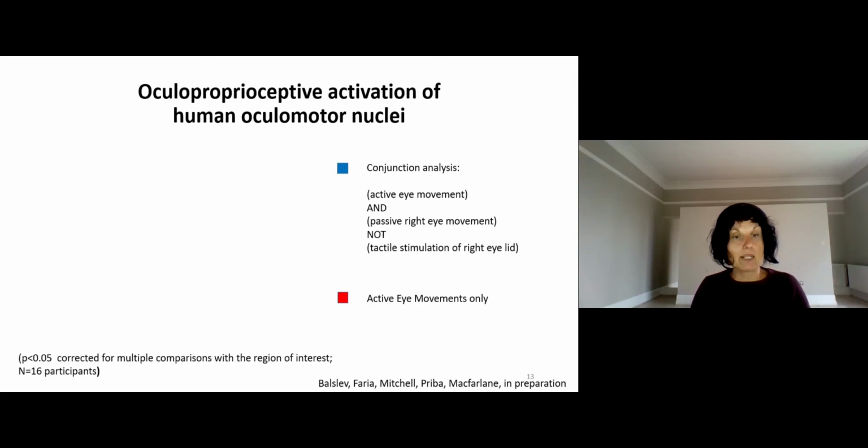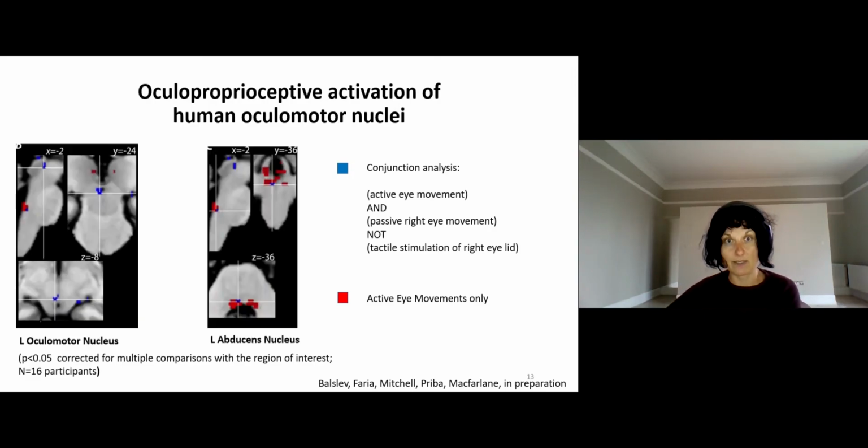The motor nucleus that innervates the lateral rectus muscle for the right eye is the right abducens nucleus. So if there is a stretch reflex, we should see here activity in the right abducens nucleus.